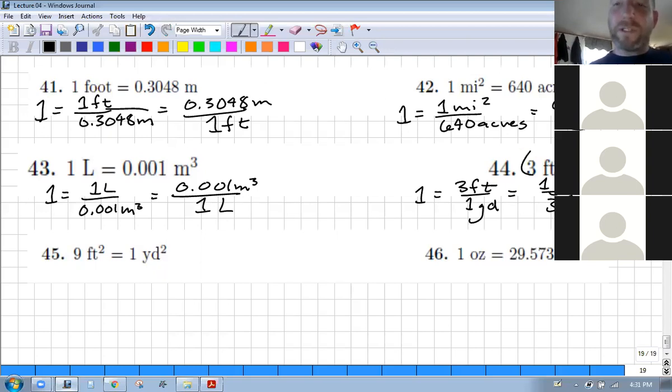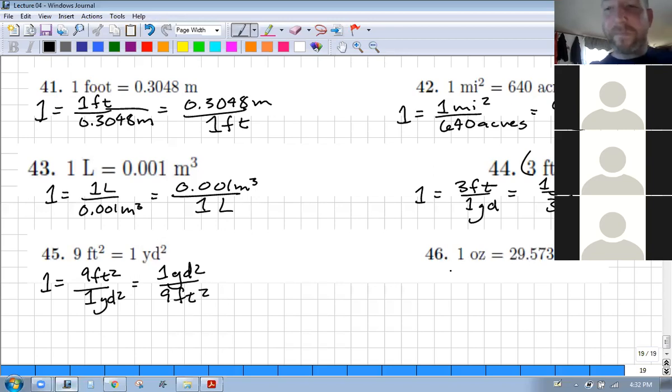If you square both sides of this equation, you have to square the whole thing, right? So we square the 3 to get 9, and we square the feet squared. So 1 squared is 1, yard squared is yard squared. So 9 feet squared is the same as 1 yard squared, or 1 yard squared is 9 feet squared.